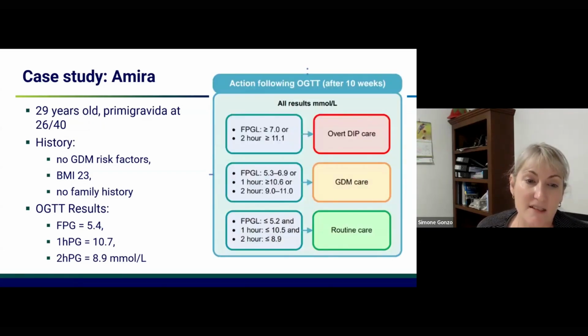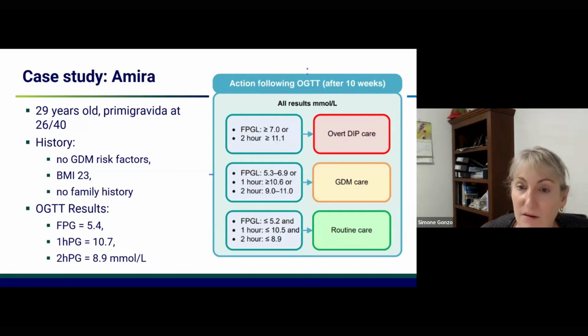She actually just scrapes into the GDM category there, or criteria, with her fasting plasma glucose at 5.4 and her 1 hour plasma glucose at 10.7. So yeah, she's basically in GDM, which you probably wouldn't have predicted when we first met her with her risk factors to see how she was going to be going with that.